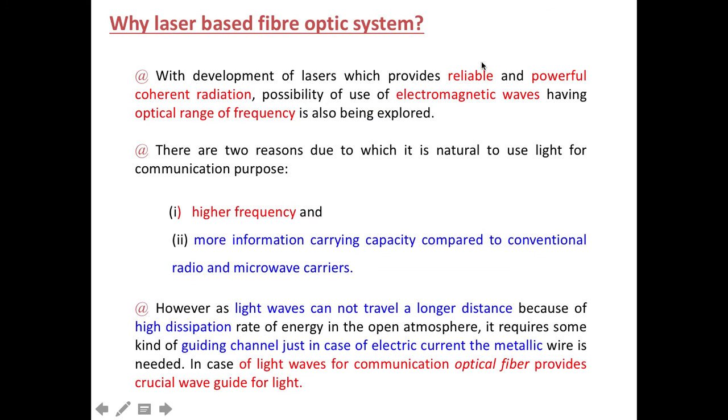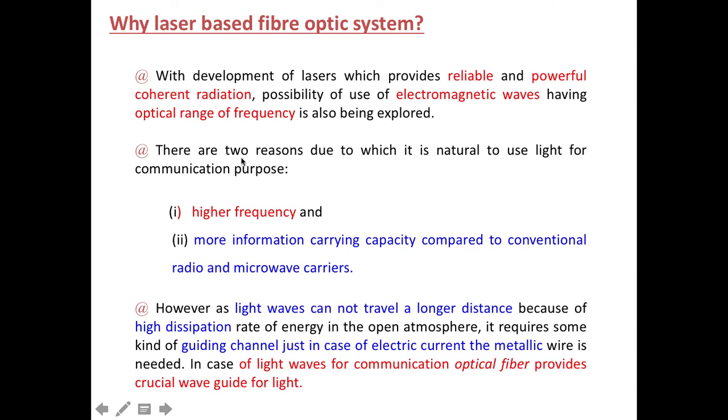Why laser-based fiber optic systems? With the development of the laser, which provides reliable and powerful coherent radiation, and the possibility of using electromagnetic waves in the optical range of frequency.